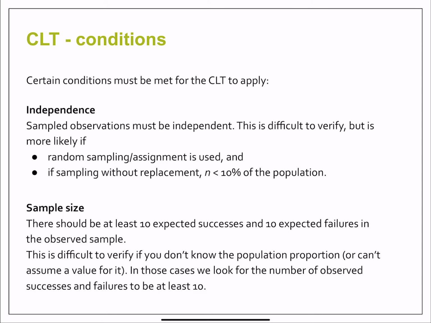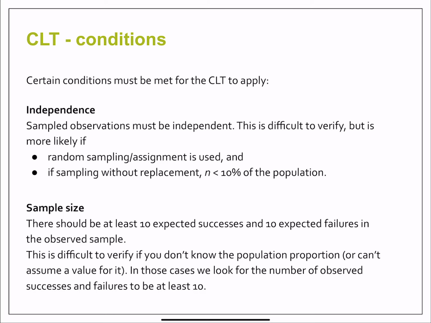In this case, the number of expected successes has to be at least 10, and the number of expected failures has to be at least 10. So basically, for whatever it is that we're trying to observe the proportions of, we need to expect at least 10 of each thing that we're trying to observe the proportions of, right?